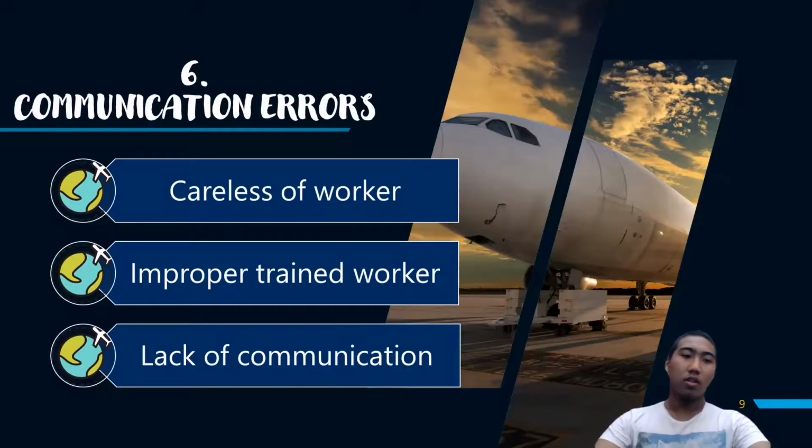For the third point, lack of communication. When pilots take to the sky, they do so with guidance from air traffic control. This is to ensure that their flight path is safe, inclement weather is avoided, and there are no other aircraft crossing paths that could result in an air collision.